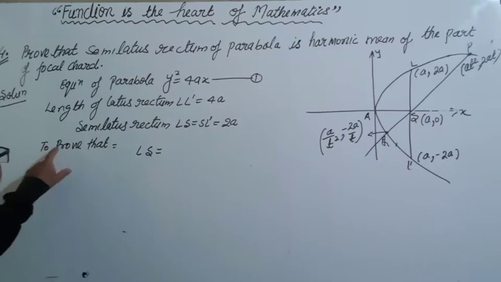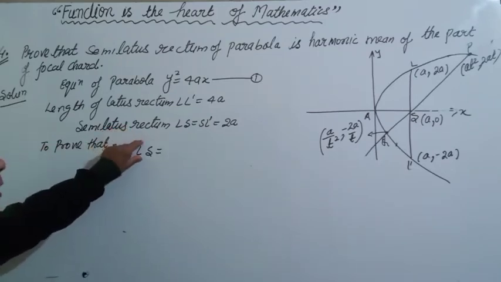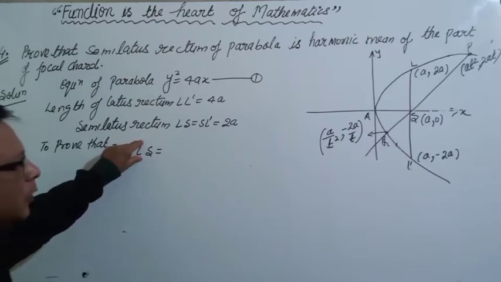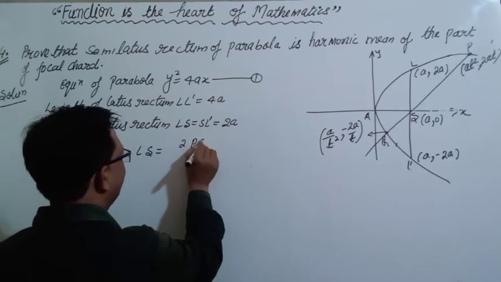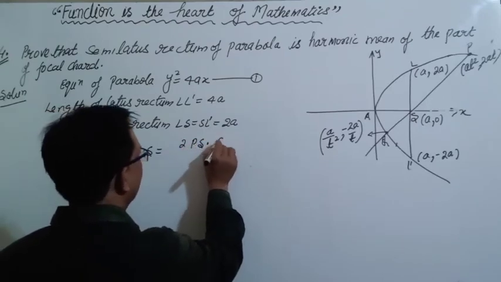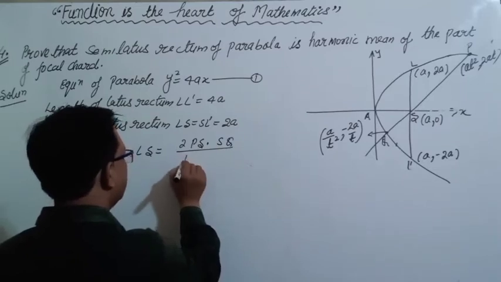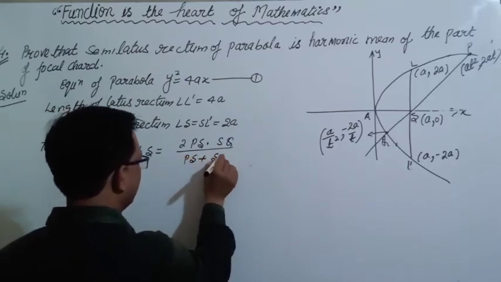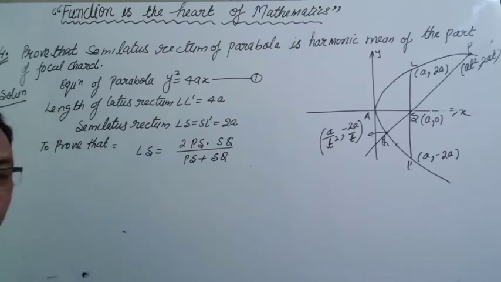So here we are going to prove that the semi-latus rectum LS is equal to the harmonic mean of the focal chord. So the harmonic mean of the focal chord is 2 PS into SQ upon PS plus SQ. Okay, what is harmonic mean?